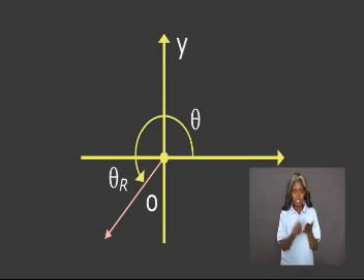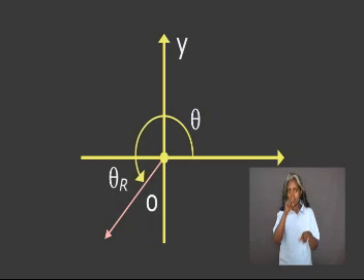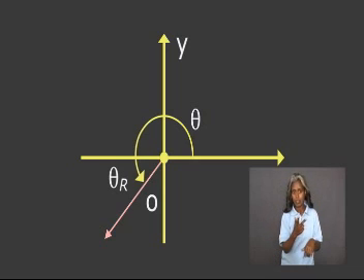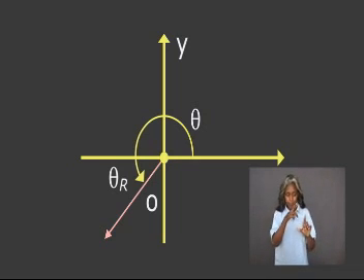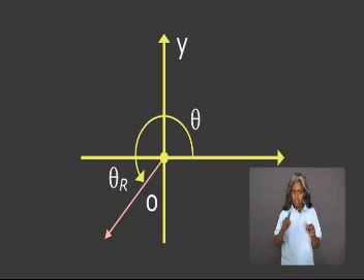In this case, the given angle is in the third quadrant, making the sine and cosine negative and the tangent positive, while the reference angle is in the first quadrant, making the sine, cosine, and tangent positive.